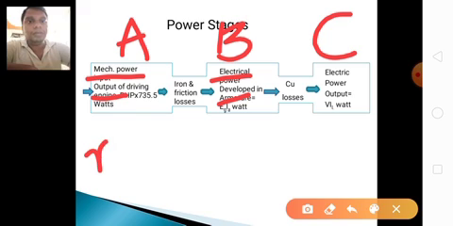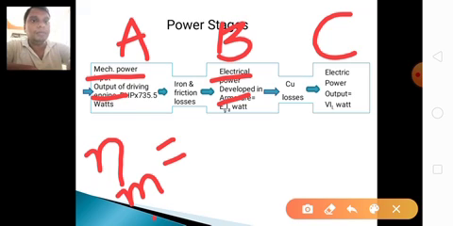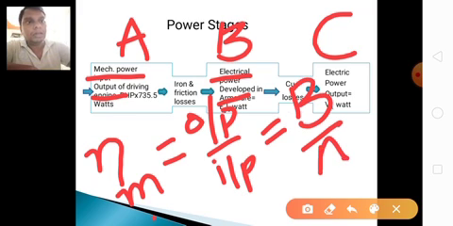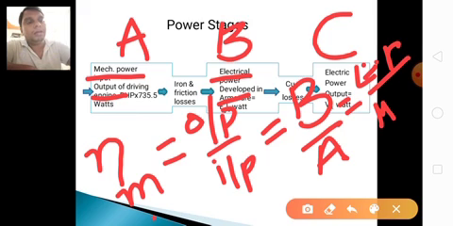The mechanical efficiency, ηm, equals output by input. The output is B and the input is A. So B is the electrical power developed in the armature, divided by the mechanical power input.